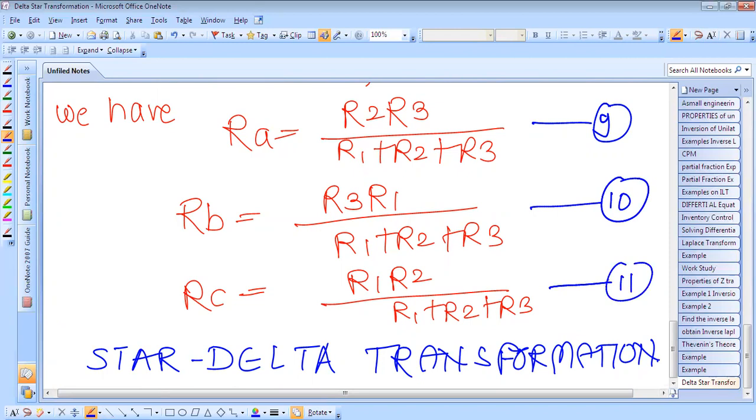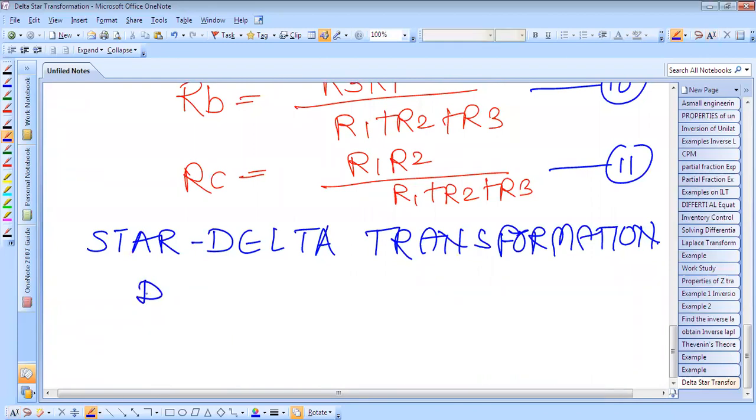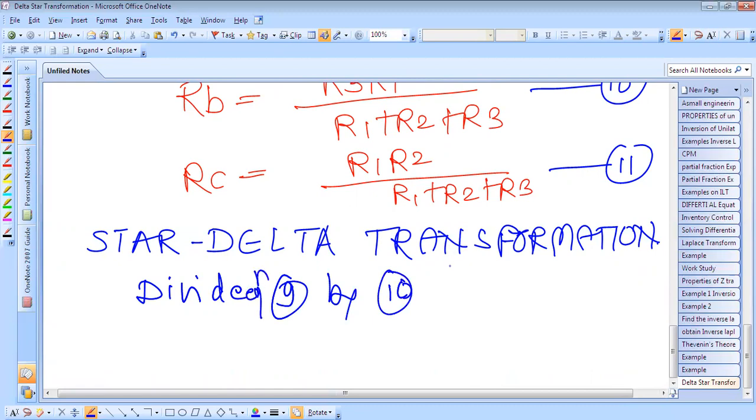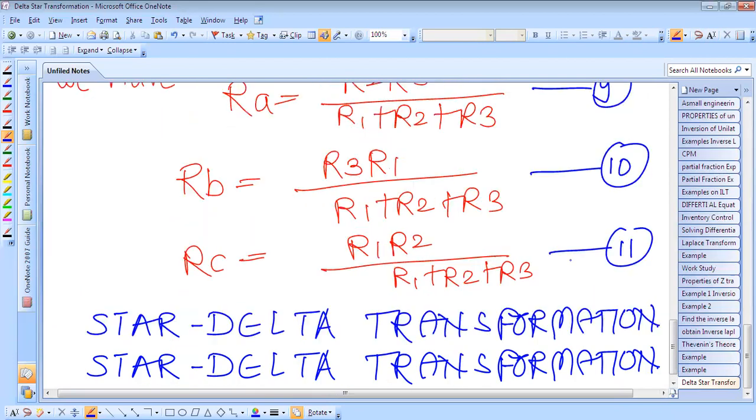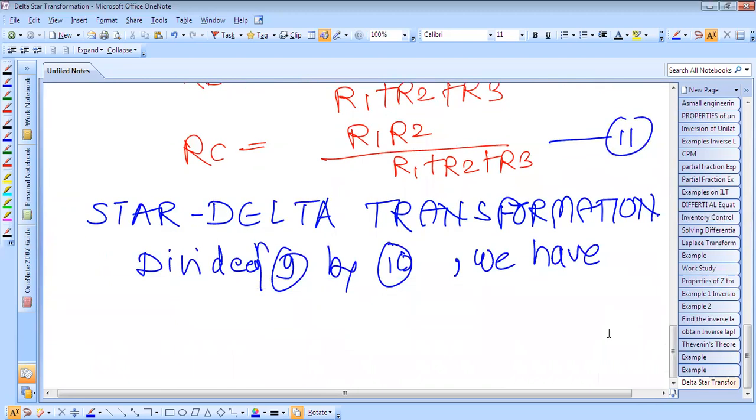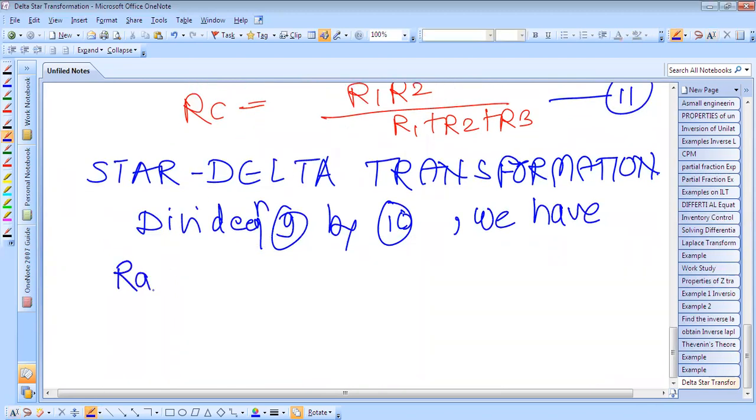Divide equation 9 by equation 10. What is 9? 9 is RA, and dividing by RB, if you solve this, we'll get R2 by R1.